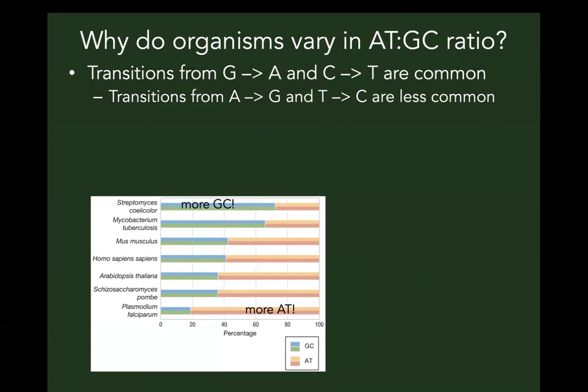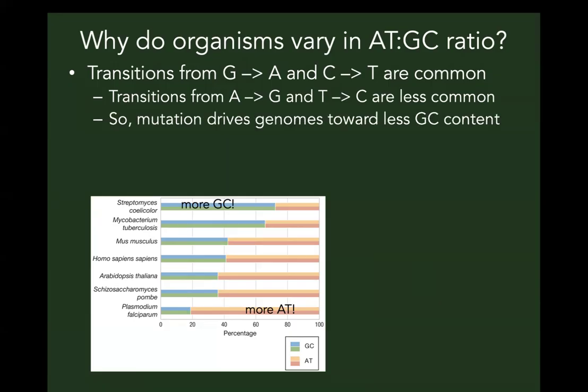One thing we know is that transitions from guanine to adenine and from cytosine to thymine are common, but transitions from adenine to guanine and thymine to cytosine are less common. This is the kind of thing that people just figured out by looking at stuff. So that's the observation. So it appears that the way in which mutations happen seems to be driving genomes towards less G and C content, right?